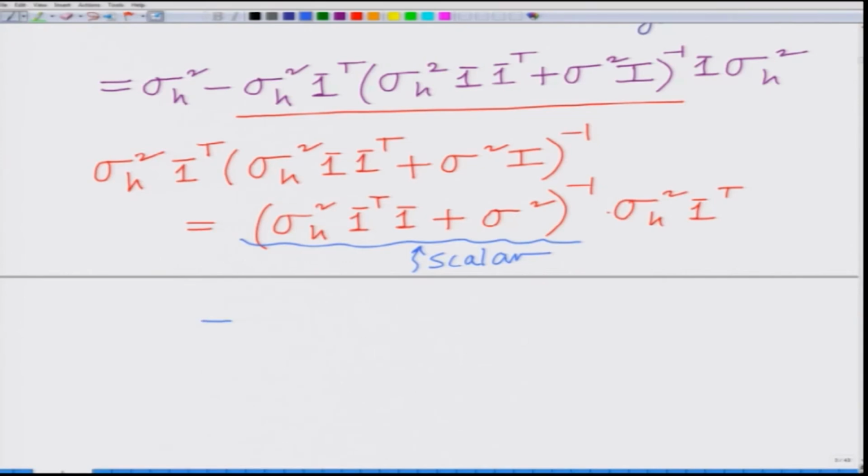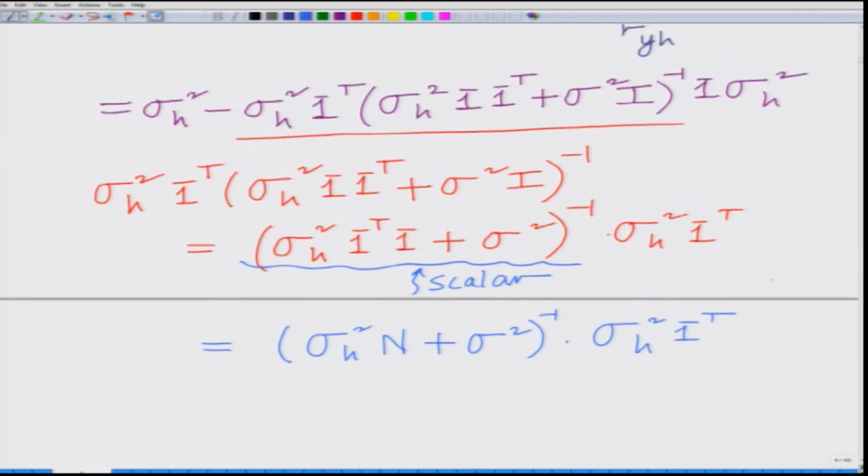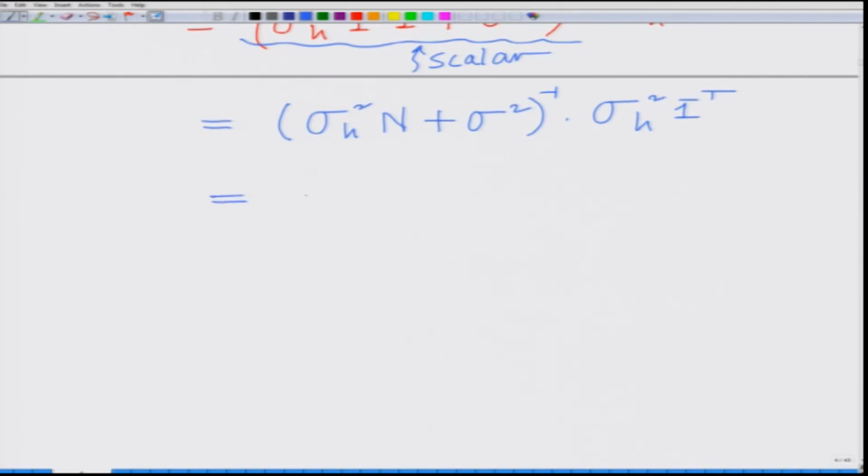Its inverse is also simply going to be its reciprocal, because it is a scalar. So this is going to be sigma_h square 1 bar transpose 1 bar, which is n, plus sigma square, inverse, times sigma_h square into 1 bar transpose, which is sigma_h square 1 bar transpose divided by sigma_h square times n plus sigma square.